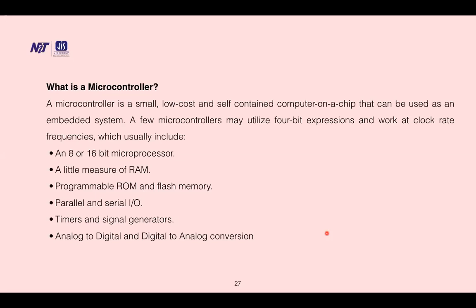A few microcontrollers may utilize 4-bit expressions and work at a low clock rate frequency, while others include an 8-bit or 16-bit microprocessor, a little measure of RAM, programmable ROM and flash memory, parallel and serial I/O, timers and signal generators, and analog to digital and digital to analog conversion.